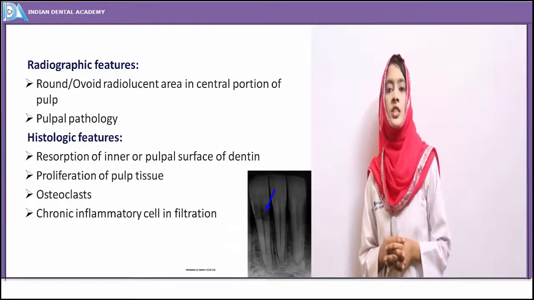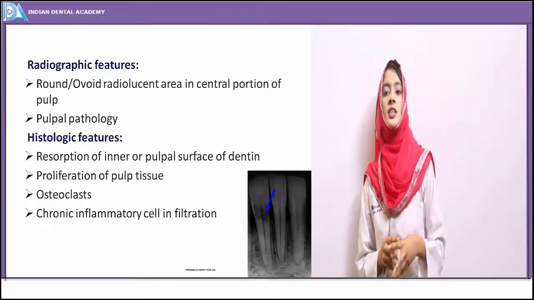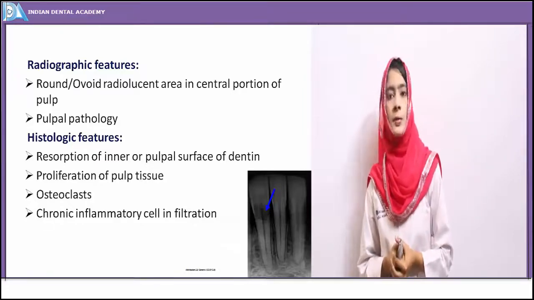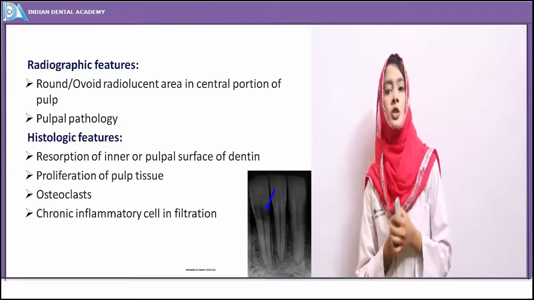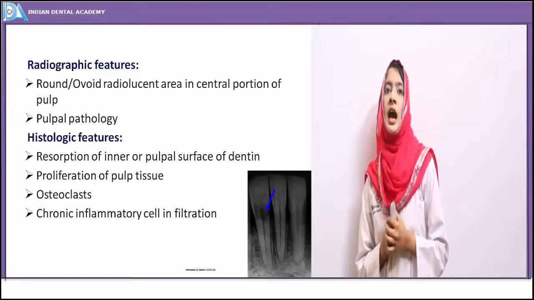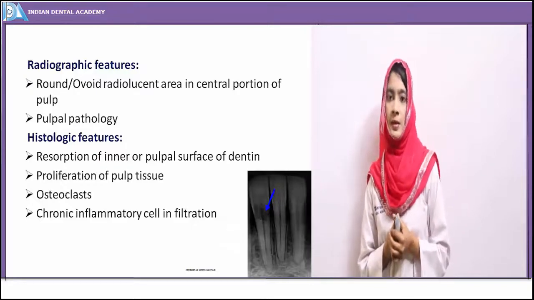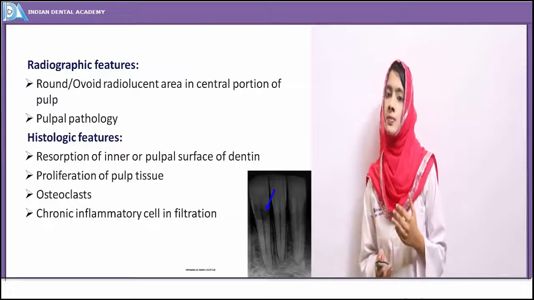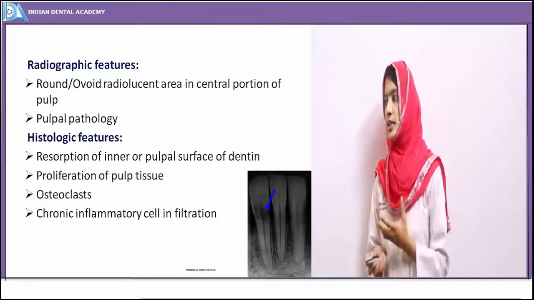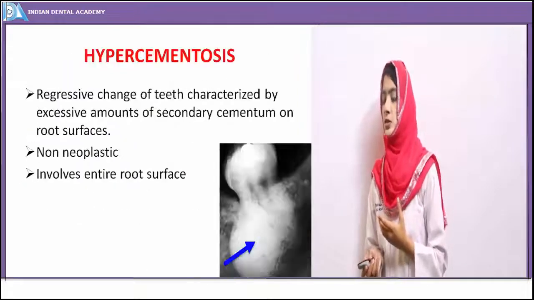In the microscopic picture, there is resorption of the inner or pulpal surface of dentin along with proliferation of pulp tissue, and numerous osteoclasts are seen. Associated hyperplasia of pulp is present, so chronic inflammatory cell infiltration with lymphocytes and plasma cells may be seen. So that's about internal resorption.